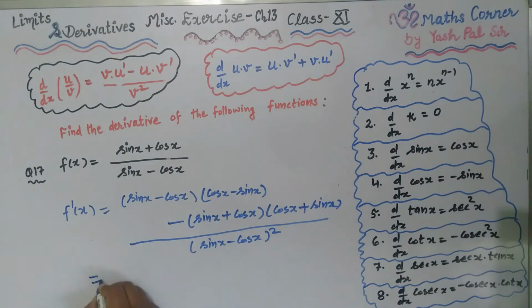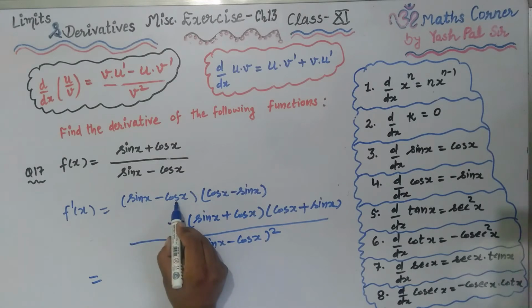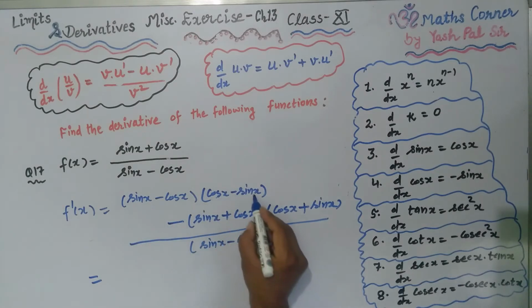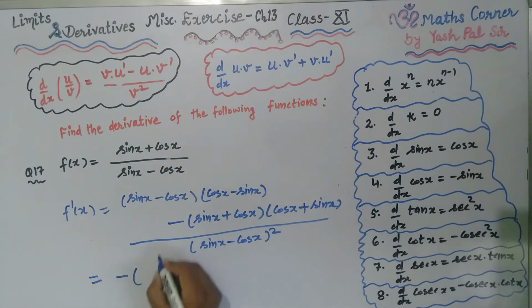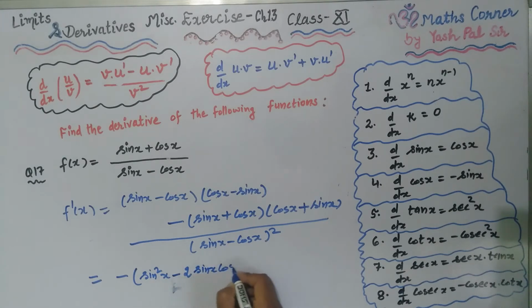So next we write, this is sin x minus cos x, cos x minus sin x. If we take minus common, then what we say, a minus b whole square. So what we write: a square sin square x plus, minus 2ab, minus 2 sin x into cos x plus b square cos square x.